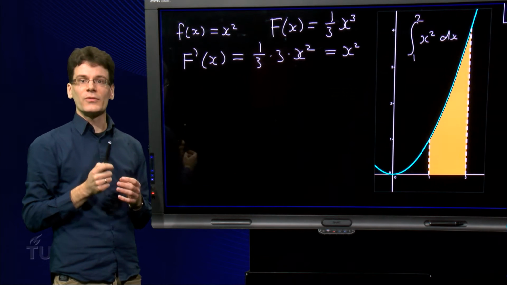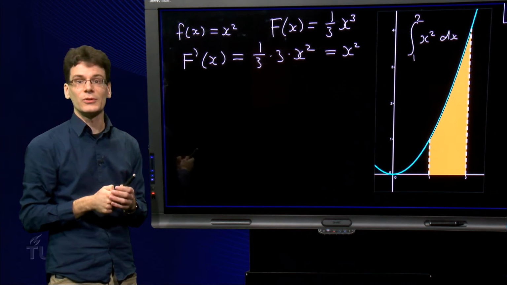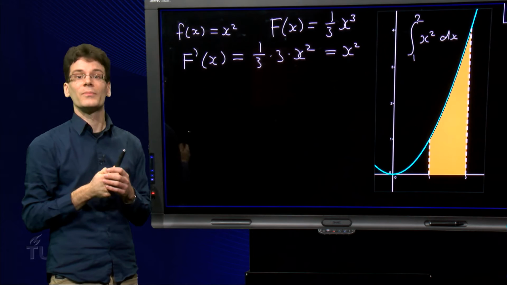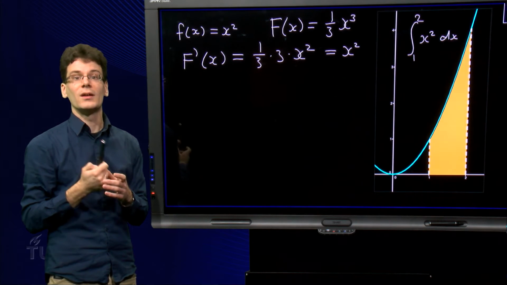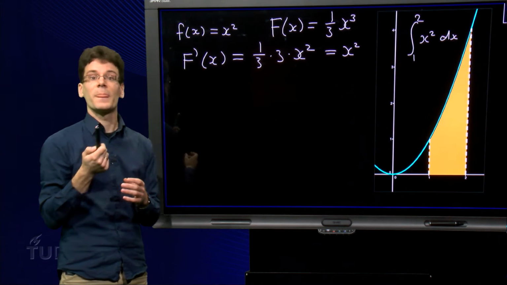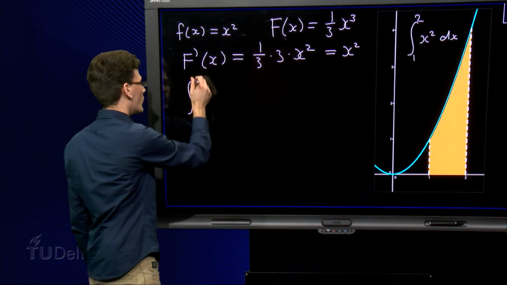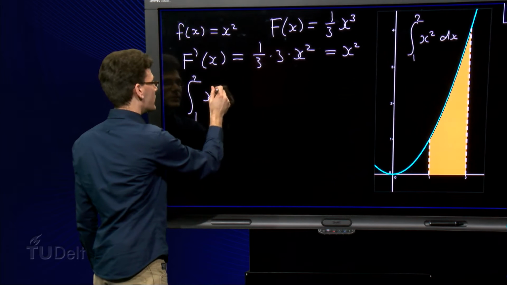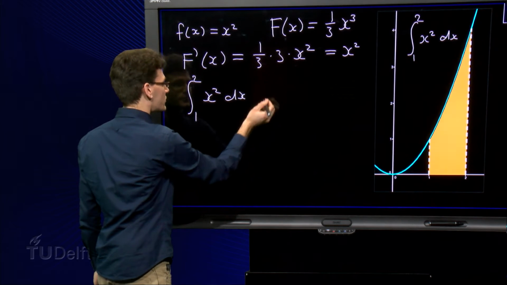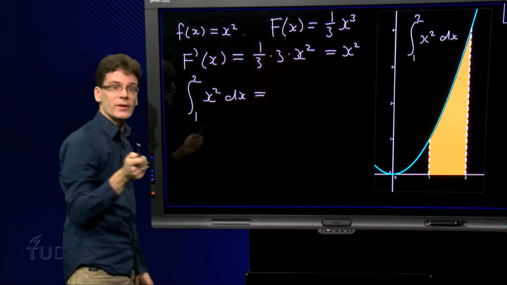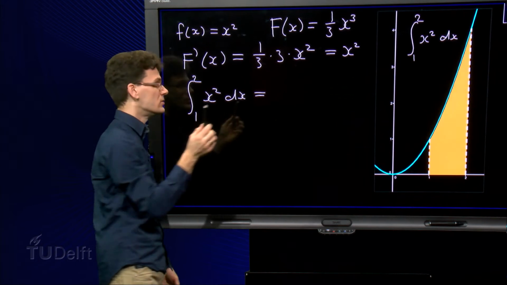The fundamental theorem of calculus tells us that the integral is equal to capital F evaluated at the upper boundary minus capital F evaluated at the lower boundary. So let me write the integral again. The integral from 1 to 2, x squared dx. And now it is customary to use the following notation.